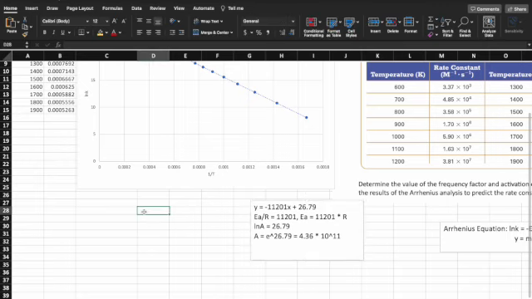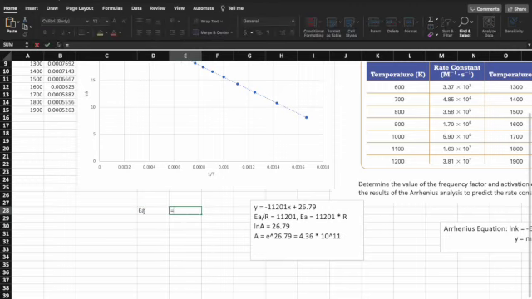Now R will usually be given to you in a problem, so we're just going to type that in. EA is equal to 11201 times R, which is 8.31.